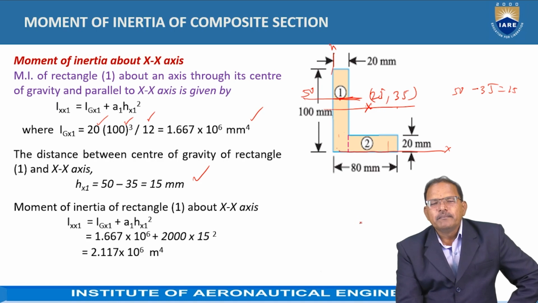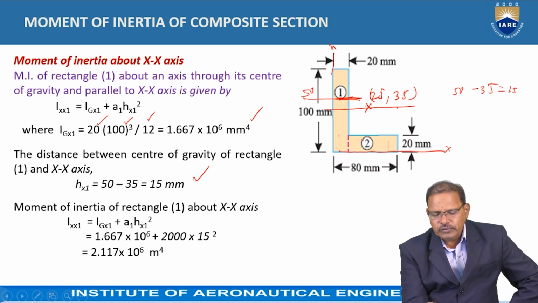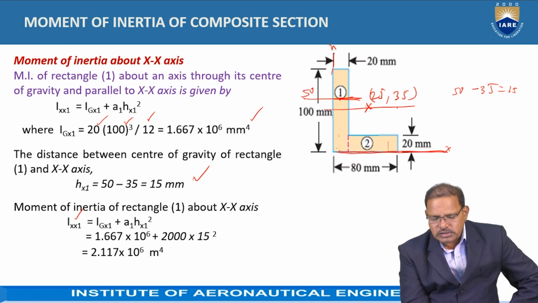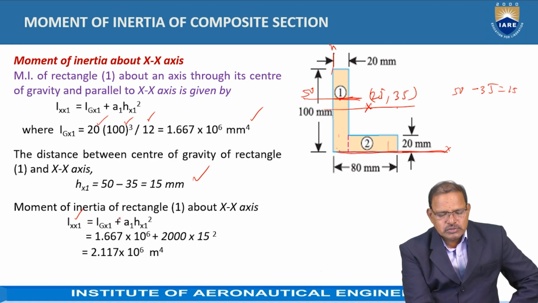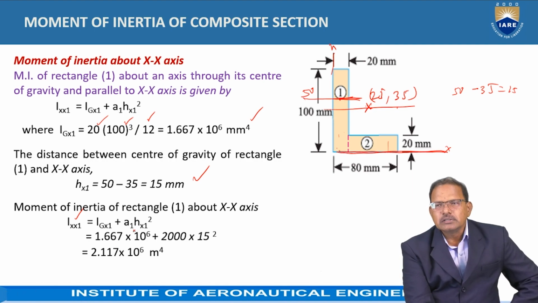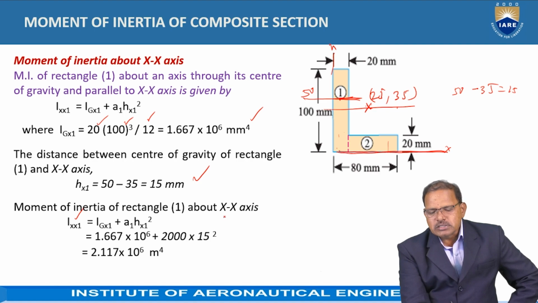According to the Parallel Axis Theorem, the moment of inertia of rectangle 1 about the x-axis, Ix1, that is the moment of inertia of rectangle 1 about the reference line xx, is equal to Igx1, the moment of inertia of the first rectangle about its own central axis, plus the area multiplied by the square of the distance between the two parallel lines.